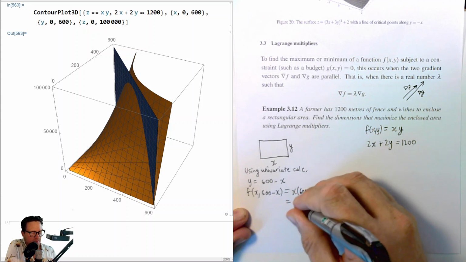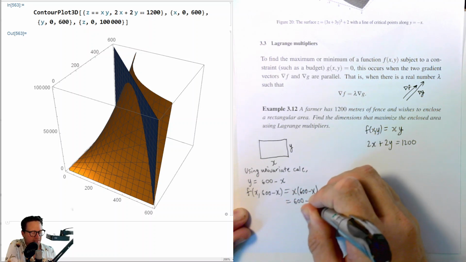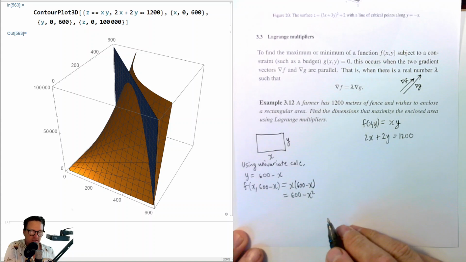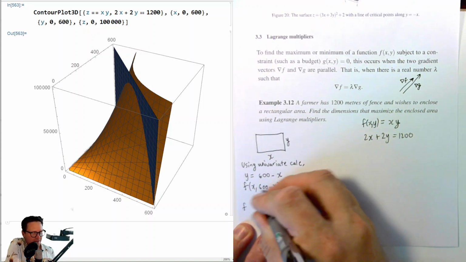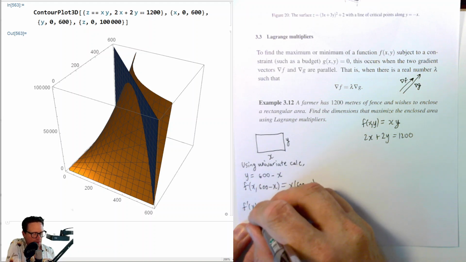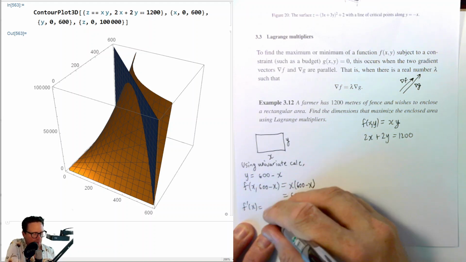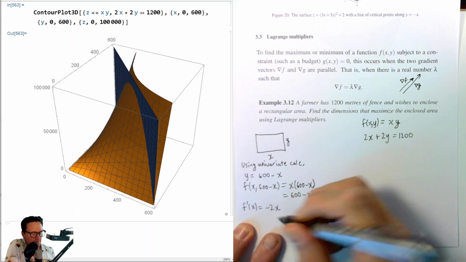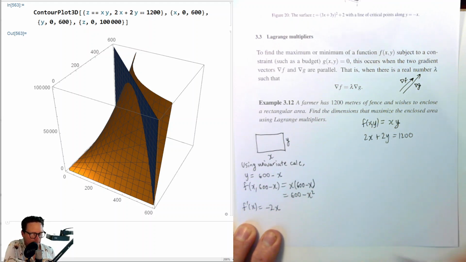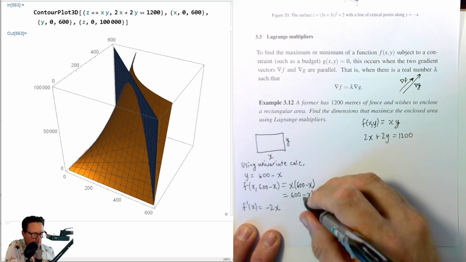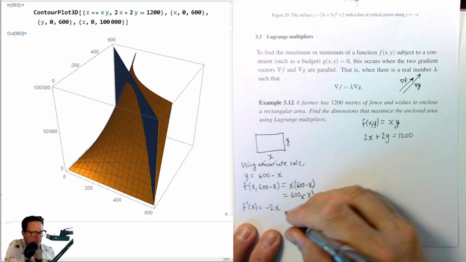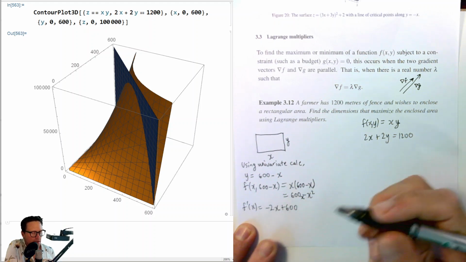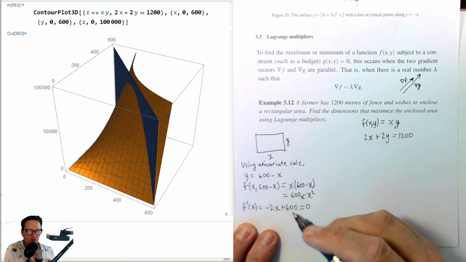And now we would expand that out and get 600x minus x squared, and then use your tools of calculus, differentiating that, because that is now just a function of x. And so we have minus 2x. Oh no, I'm missing in the expansion, there's an x there. Okay, so minus 2x plus 600. Okay, when is this equal to 0?